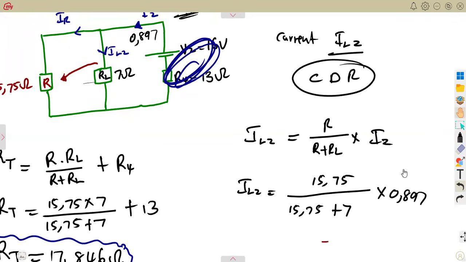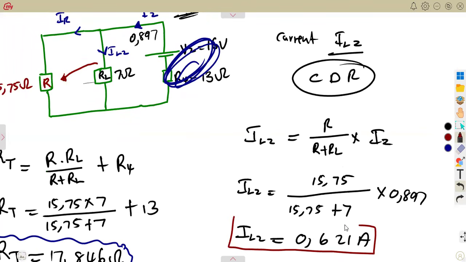You can have now the load current, which is going to be 0.621 amps. So we calculated this from a combination when V1 was a short circuit.